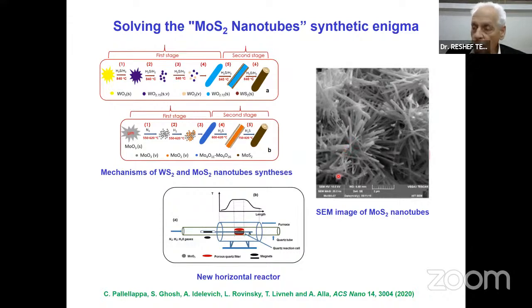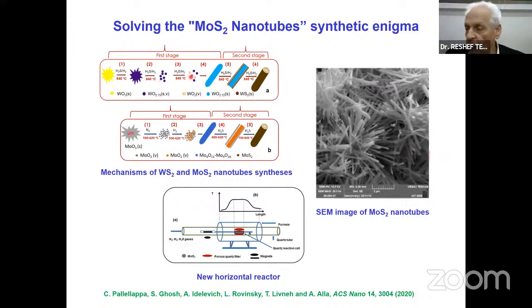And it took a huge effort, and Professor Zak and her team deserve all my acknowledgement for their achievement of this synthesis. The basic difference between the synthesis of tungsten disulfide nanotubes and molybdenum disulfide is that tungsten disulfide you do at one temperature, one flux of gases.